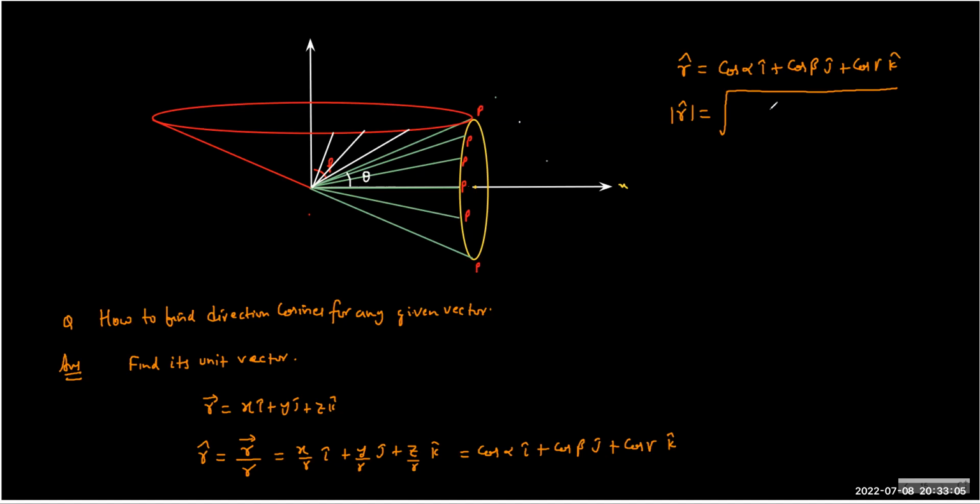So tell me guys, what should I write? Cos square alpha plus cos square beta plus cos square gamma. But by the definition of a unit vector, what do we know? The modulus of a unit vector is how much? 1. So the LHS can be replaced by 1, isn't it?